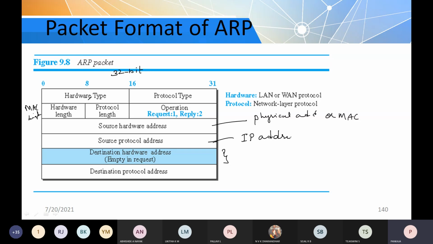If they ask in the exam what is ARP protocol, explain with a neat diagram, then depending on the marks, this is the destination IP address. But the physical address is not known, so this particular field is kept empty.